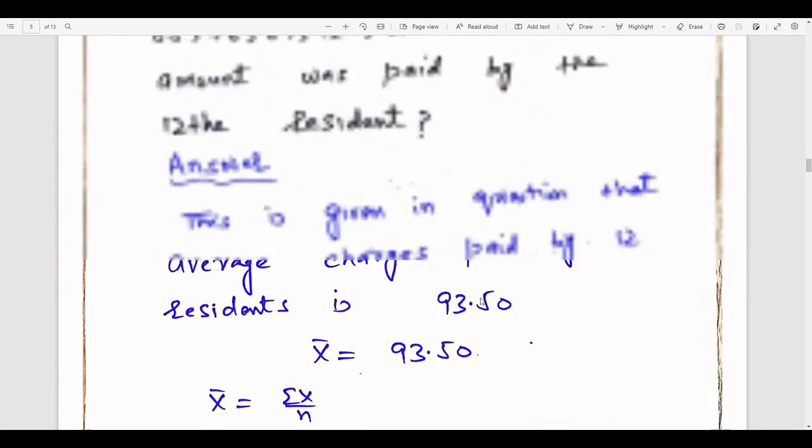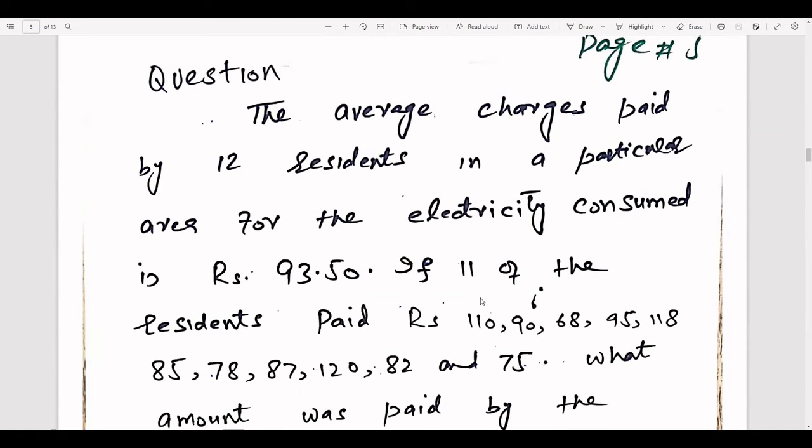So now I repeat this. First we have 12 residents and the mean is 93.50, that is, on average each resident paid this electricity bill. And here we have the data of 11 persons who paid their bill, and our task is to calculate the 12th bill.